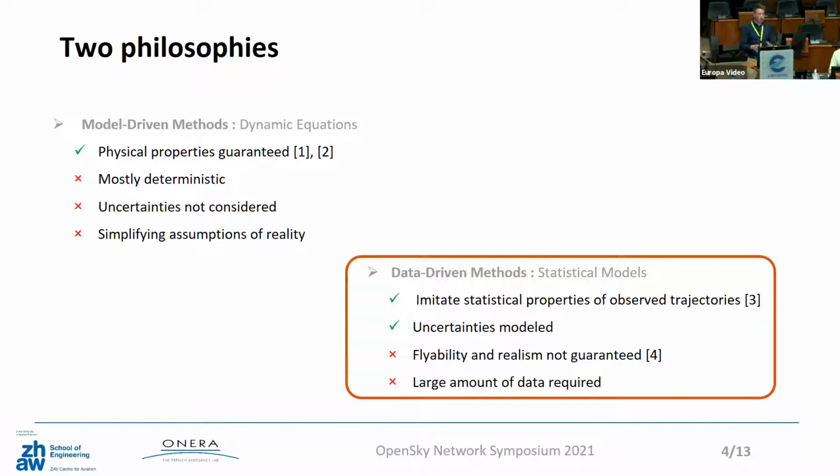But the main drawbacks are that the flyability and the realism of the generated trajectories are not guaranteed, because we are not completely sure that the generated trajectories are actually following the law of physics. And also, depending on the model you want to use, a large amount of data could be required, and this also can be problematic at some point.